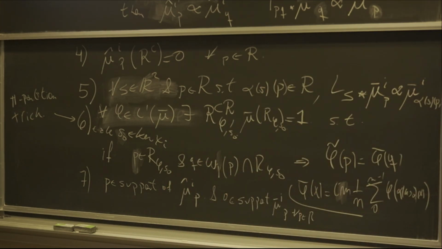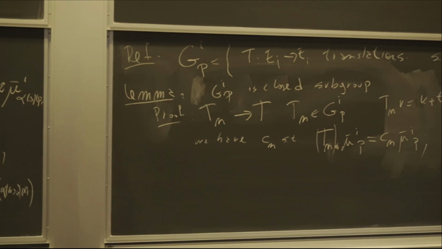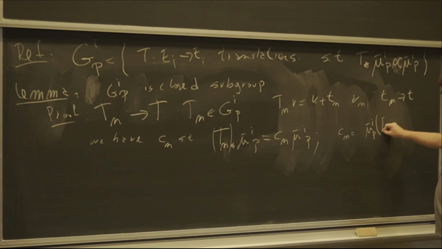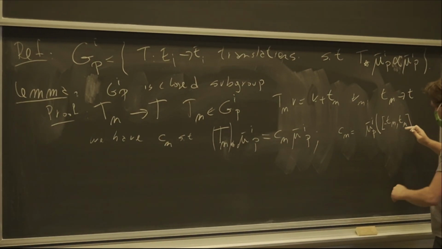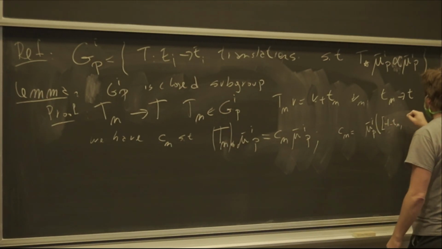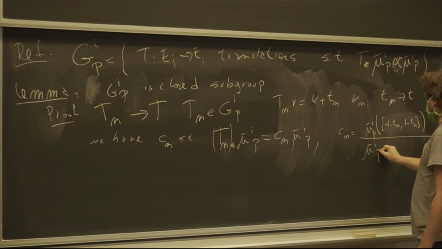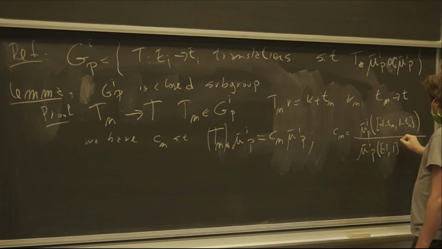So Cn is mu bar IP of the interval minus 1 minus Tn, 1 minus Tn, which is a translation, divided by mu bar IP of minus 1, 1.